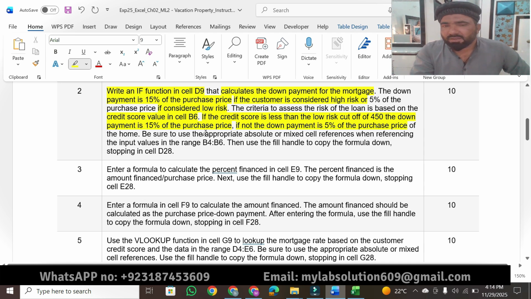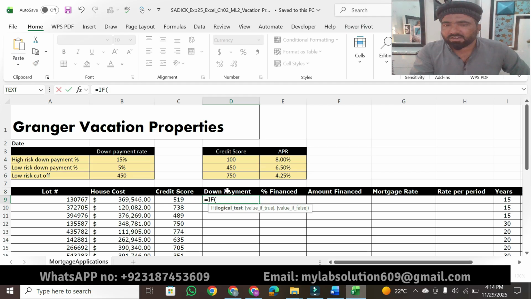Be sure to use appropriate absolute and mixed cell references when referencing the range B4 to B6. Then use the fill handle to copy down to cell D28. Okay, so after reading the instruction we get an idea that we have to use an IF function, and we have to use that in D9 here.